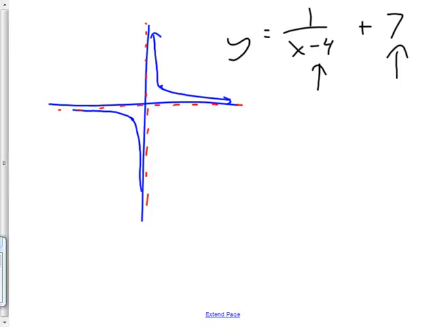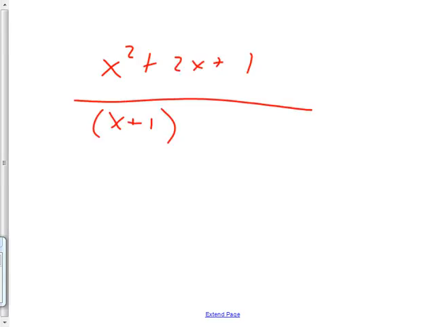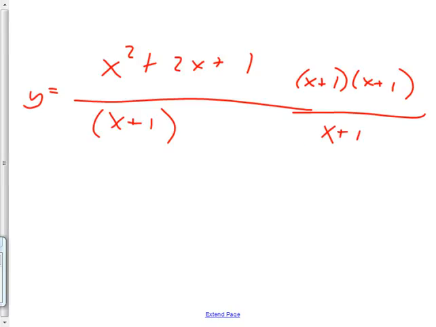Now, here's a big problem, and how would you start it? Let's say it said x squared plus 2x plus 1 over x plus 1. How would you start? You'd factor, and then you would cancel, and you'd have an x plus 1 and an x plus 1 up here and an x plus 1 down here, and then this cancels and makes a what?